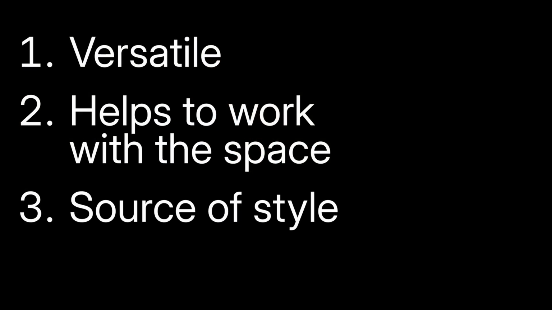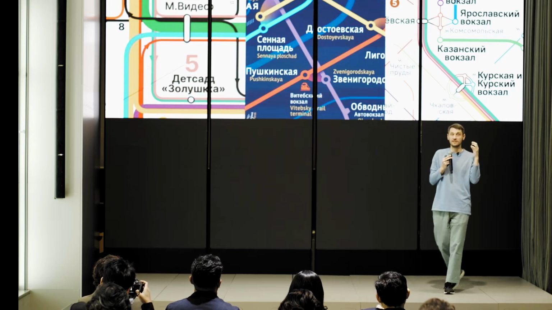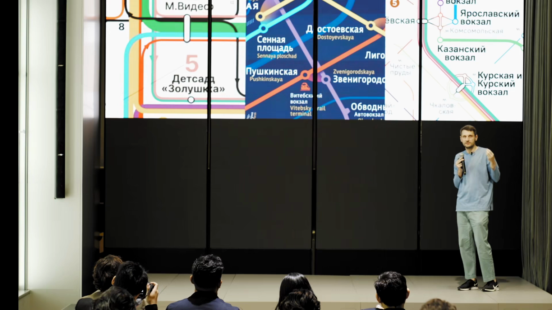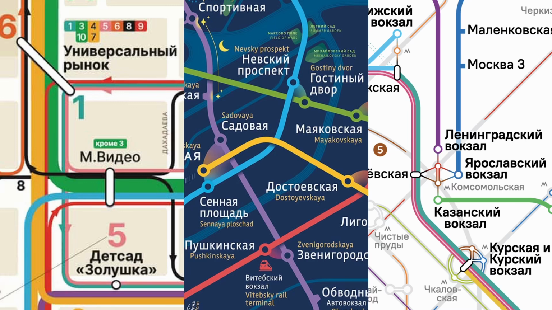And reason number 3, of course, is the one I love most: the map is the source of style for all the elements that you do. The map is the hardest thing to do, that's right. And that's because the density of design decisions that you have to make designing a map is much, much higher than in any of other elements.